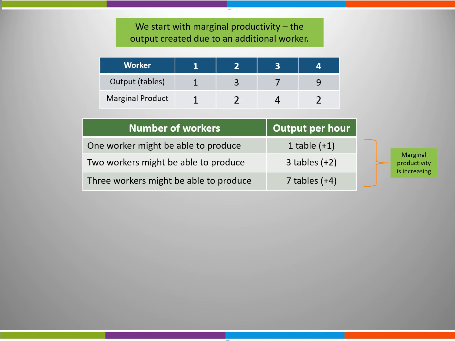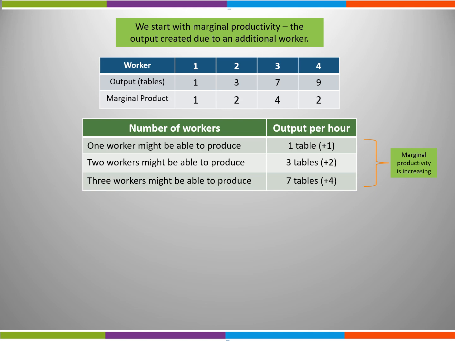Maybe both workers will specialise in certain tasks. 3 workers might be able to produce 7 tables as the employees work together as a team. The marginal product for worker 1 is 1 table, for worker 2 is 2 tables, and for worker 3 it's 4 tables. We can see that marginal productivity is increasing.